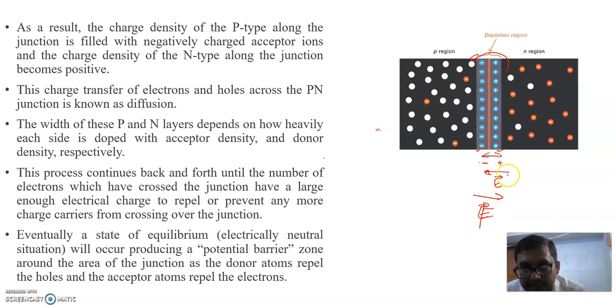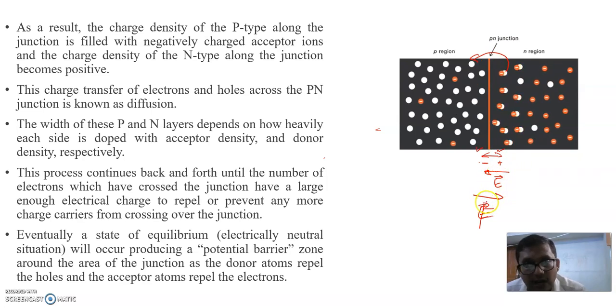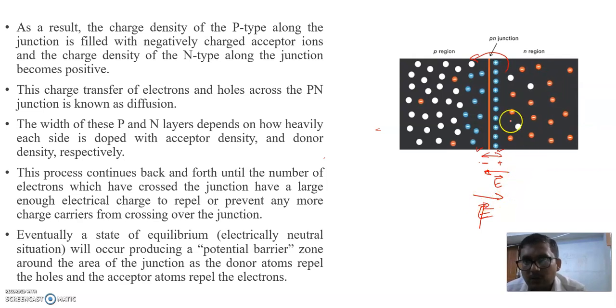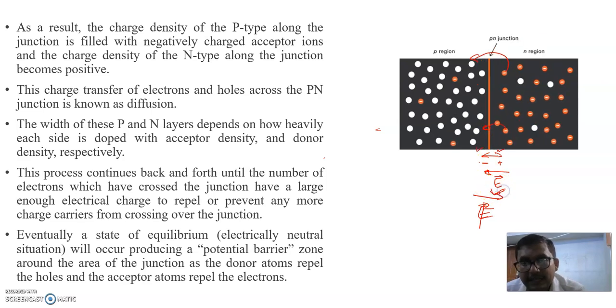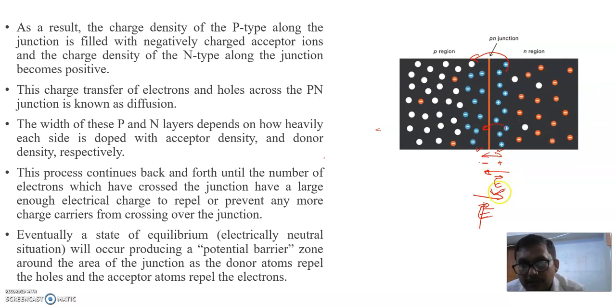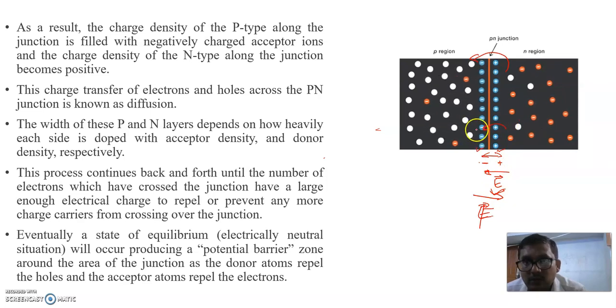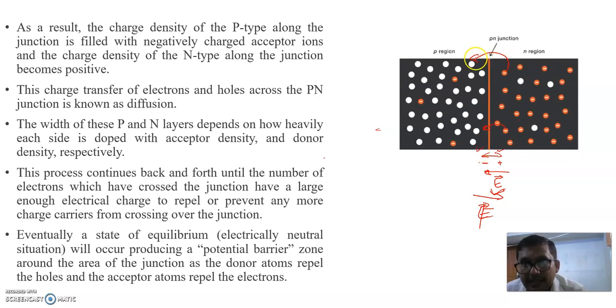As the electrons transfer from n region to p region, the electric field increases, and at some point the force completely stops the flow of electrons from n region to p region. That region is called the equilibrium region, and in this region the depletion width is formed.